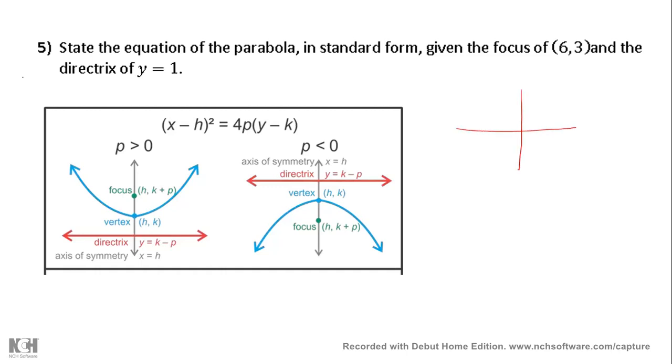If I have 6, and 1, 2, 3, that point is going to be about there, and that is my focus. Then I have the directrix, which is a line of y equals 1.